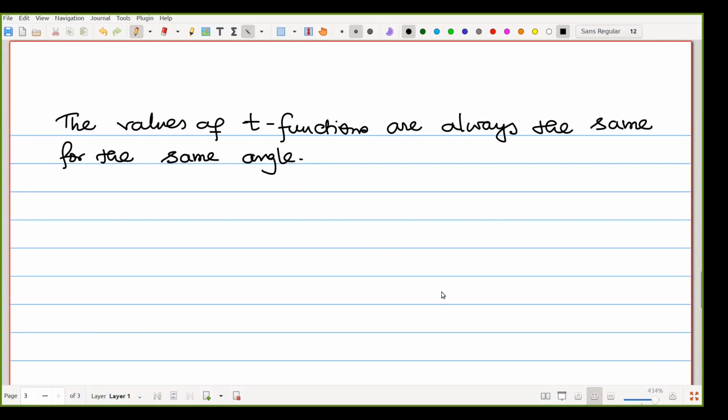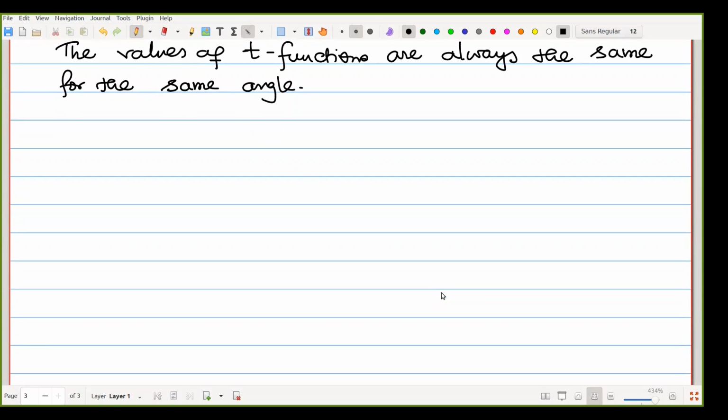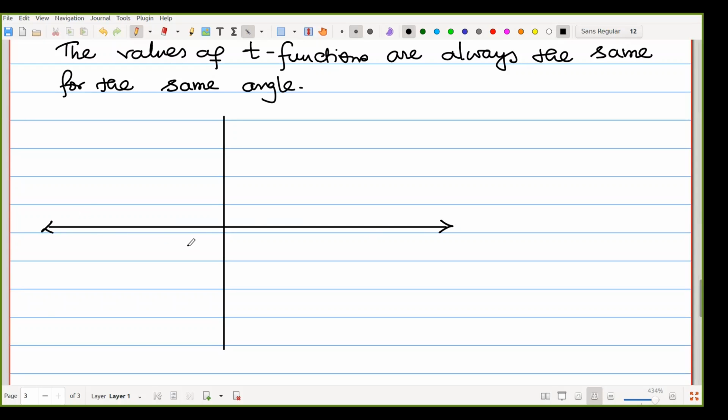That means, suppose we are drawing a coordinate system. That is our origin, that is our x, that is y, that is y dash. And we are drawing the revolving line here.